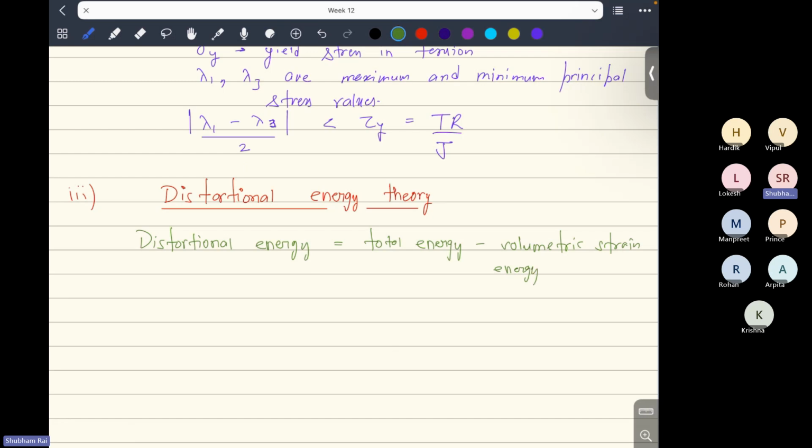It means from the total strain energy you are subtracting the volumetric strain energy. So the strain energy that will be left will be responsible for changing the shape of the body. It will not change the volume of the body.